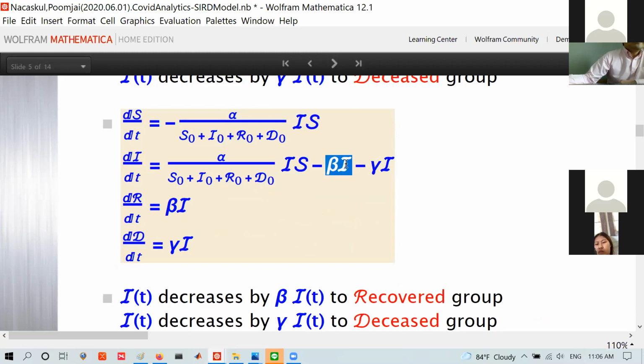Now, what is this? This is the rate of infection, the number of infections. Now, how can the number of infections lower the number of infections?